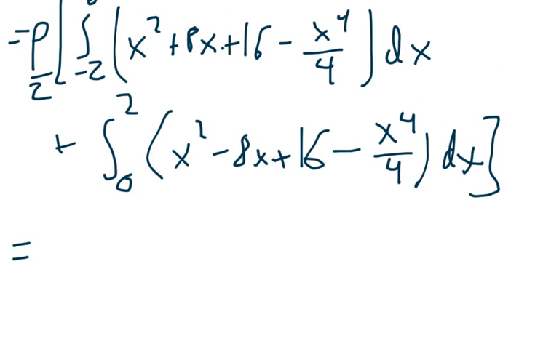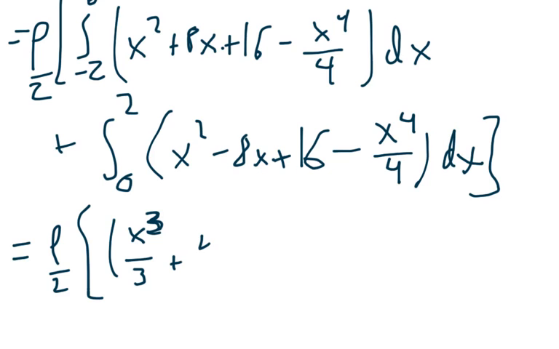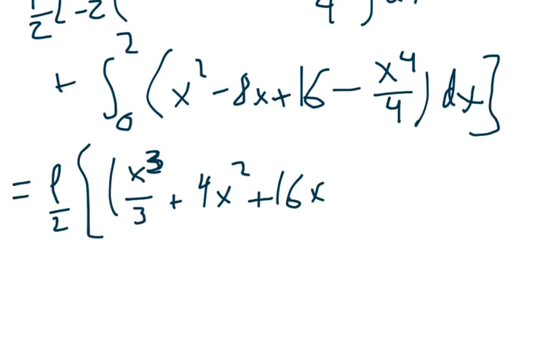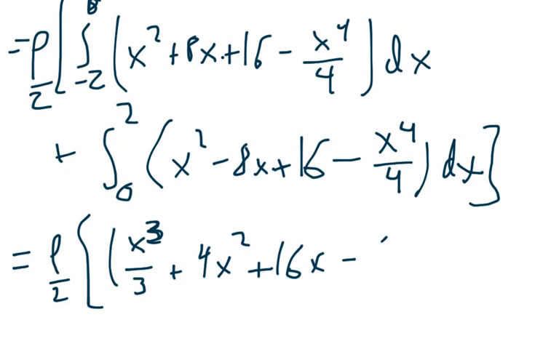Okay, so this is rho over 2. And then I'm going to have x cubed over 3 plus 4x squared plus 16x minus x to the 5th over 20.